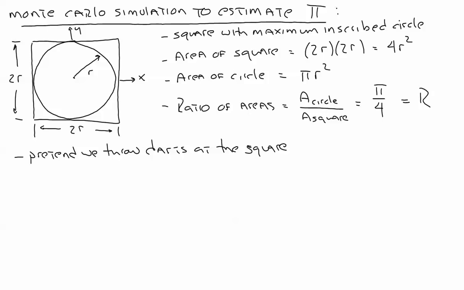We're going to assume that all the darts hit somewhere in the square and that they are uniformly distributed in x and y.